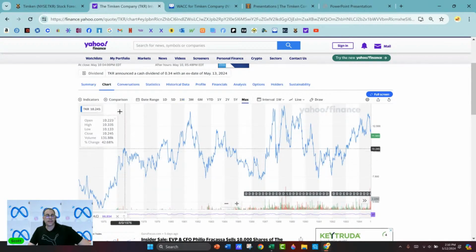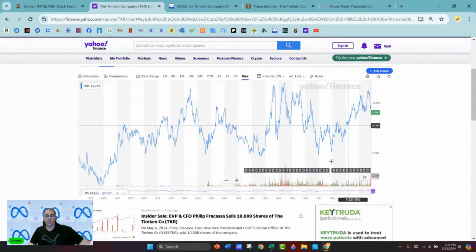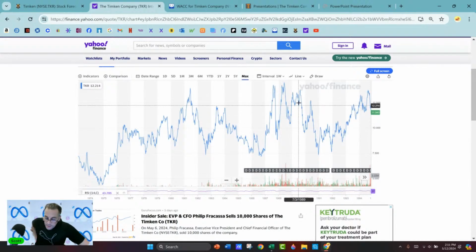So this is the kind of stock that hasn't been really doing much for a while. Look how high it got, and then it came down, then it went up. Usually when you look at really good companies, it's almost a straight line. You know, there's ups and downs.